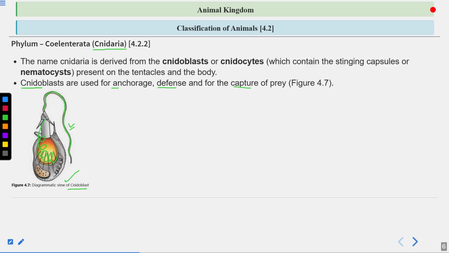That is why this phylum got its name, because of this particular cell only. As we have seen in the case of poriferans, the choanocytes or collar cells are found only in porifera, not in any other phylum. So it is very, very important that you remember the cnidoblast cell and its importance.